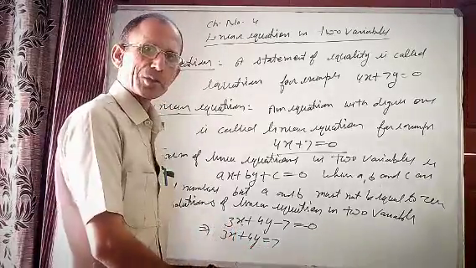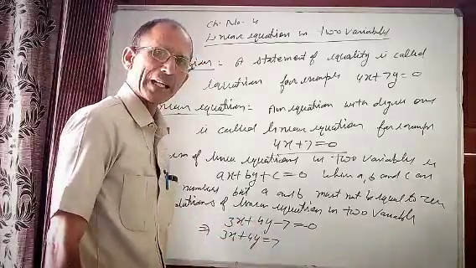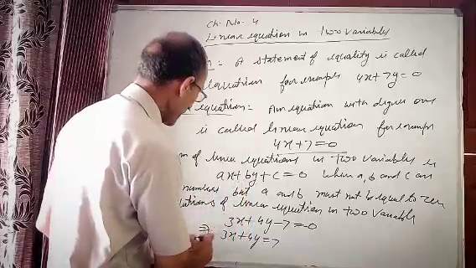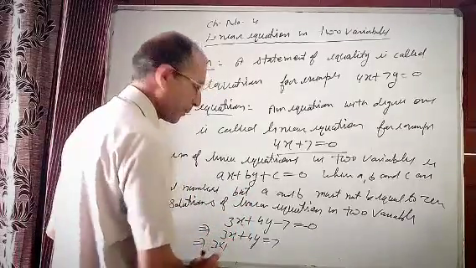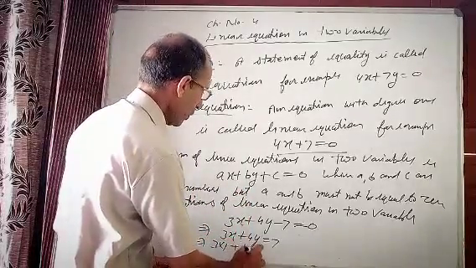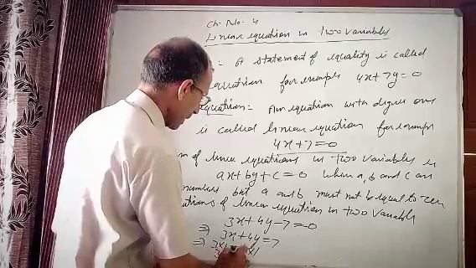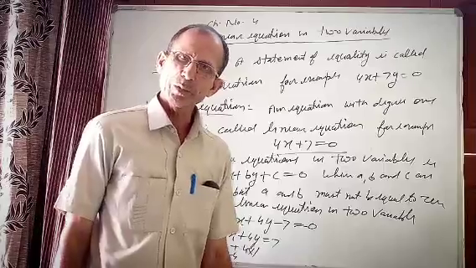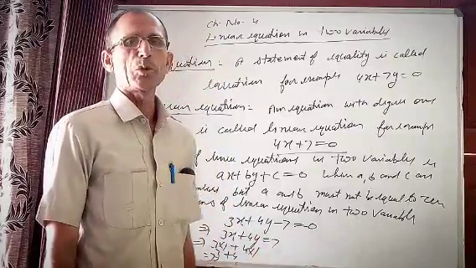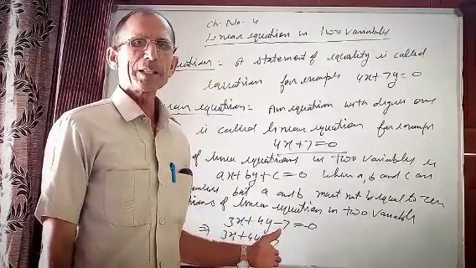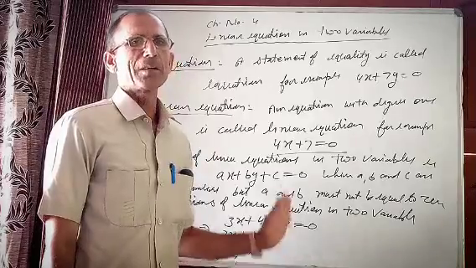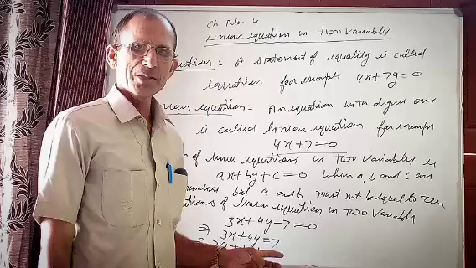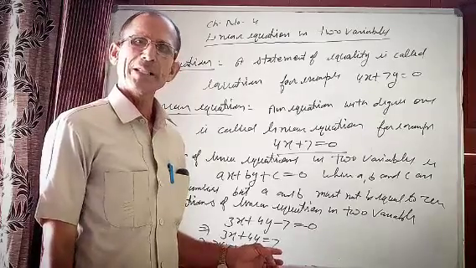Which values give 7? Here, 1 and 1. If I put 3 multiplied by 1 plus 4 multiplied by 1, that is 3 plus 4, it is equal to 7. So the value of x should be 1 and the value of y also should be 1. After putting these values, left side is equal to right side. So these are the roots or solutions of the linear equation in two variables.